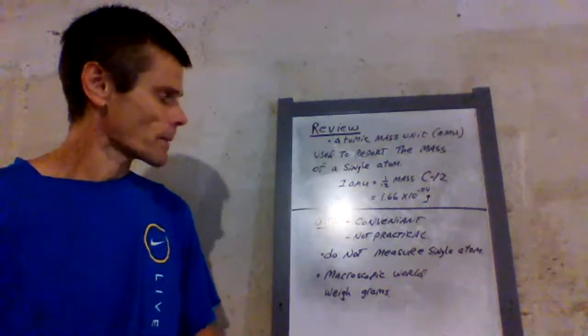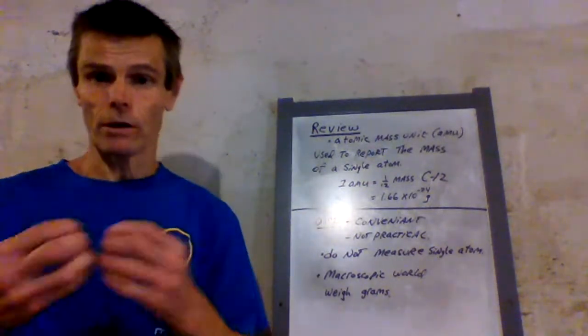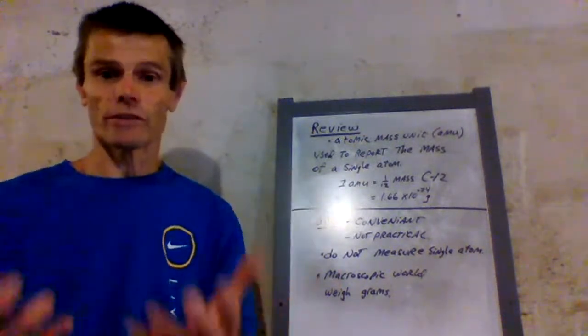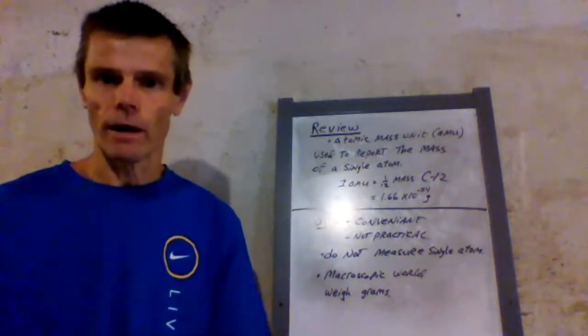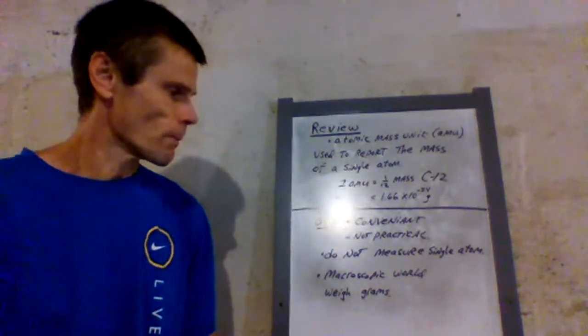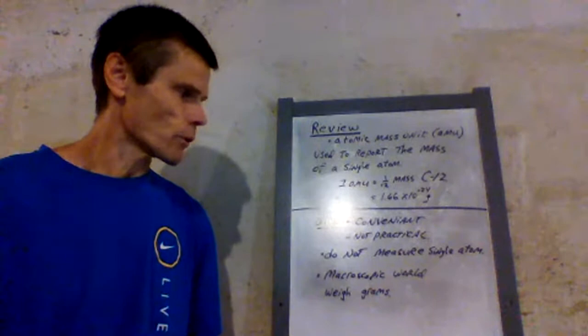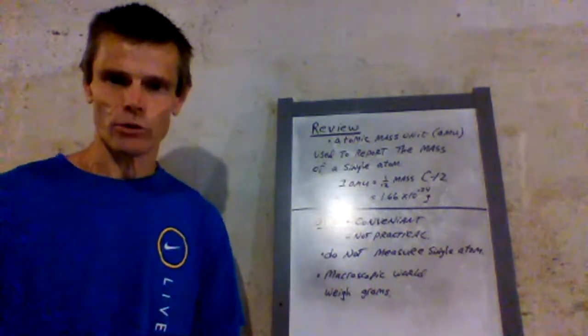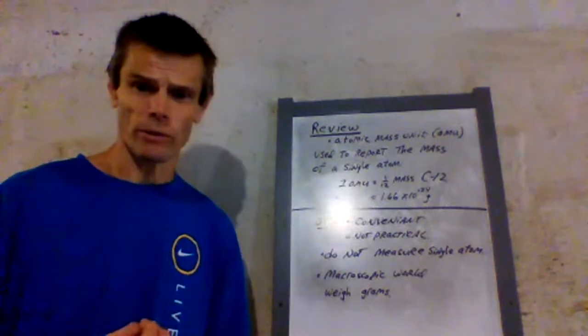Now, the atomic mass unit is convenient because we can discuss a unit that's a little easier to relay to our colleagues and other students, but it's not practical. And when I say it's not practical, it's because we don't go into the laboratory and weigh out atomic mass units.